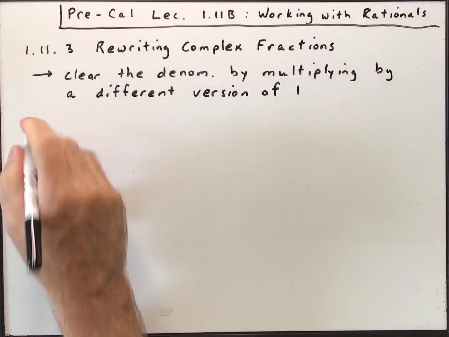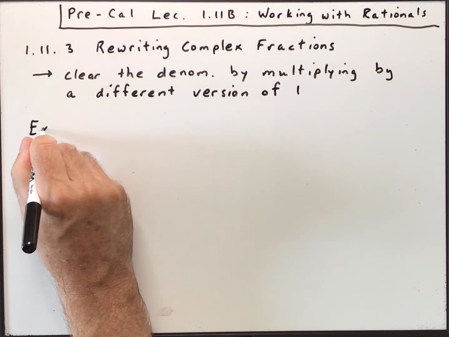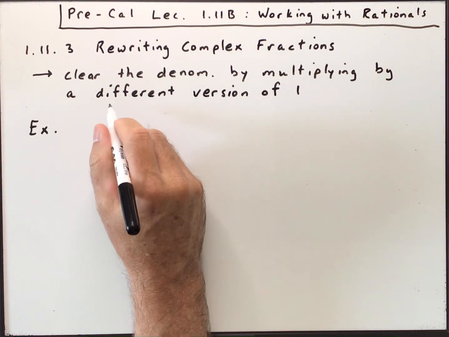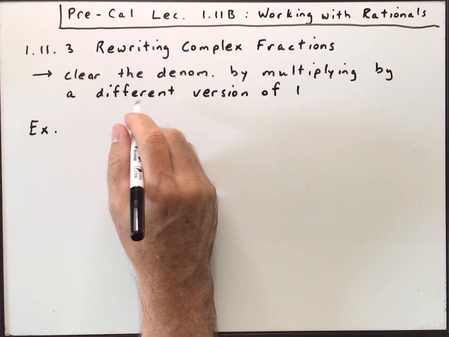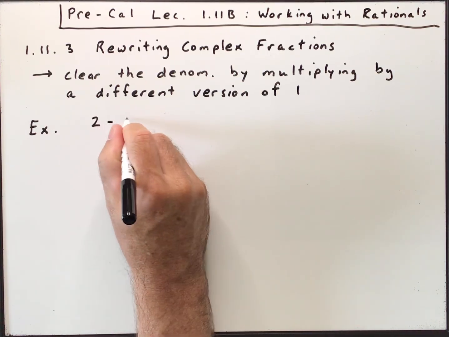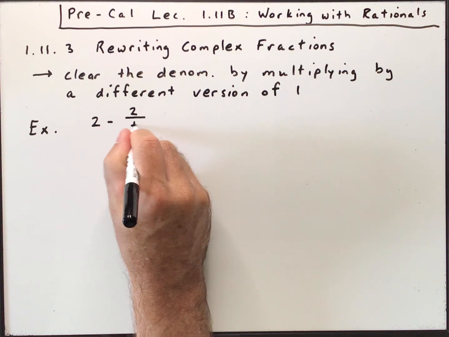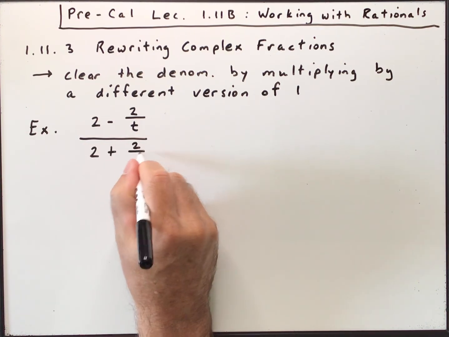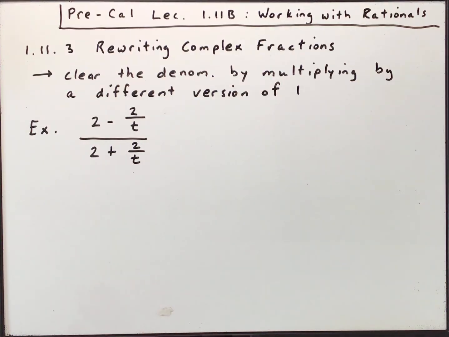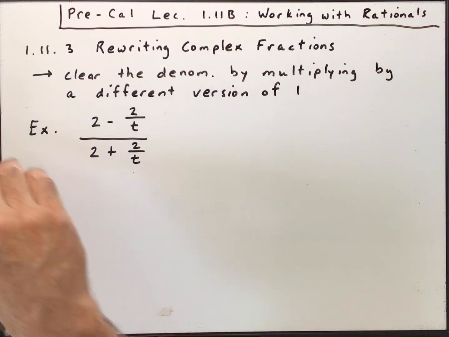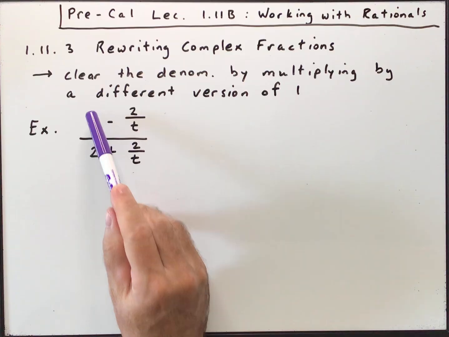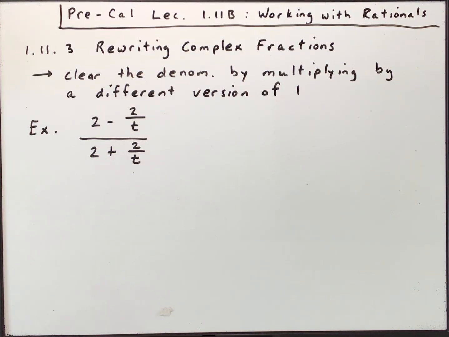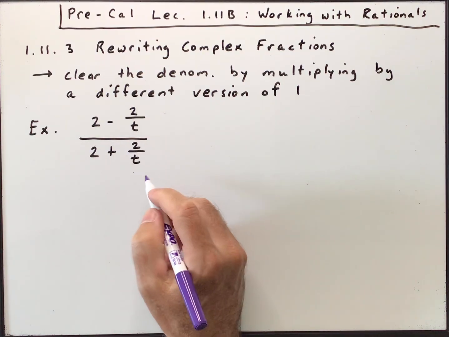Okay, so we're going to rewrite this problem. So we have 2 minus 2 over t divided by 2 plus 2 over t. So instead of really working only with the top separately and the bottom separately, let's try to work with both at the same time.